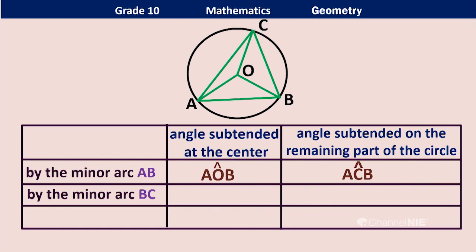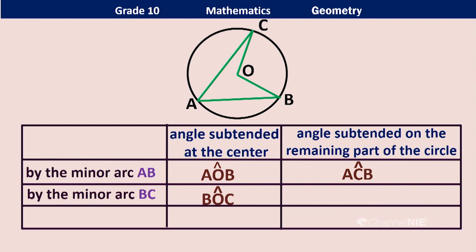So, angle subtended at the center is BOC. So, we can say angle BOC, or else we can name the same angle as angle COB. Both are the same. So, that is angle BOC.